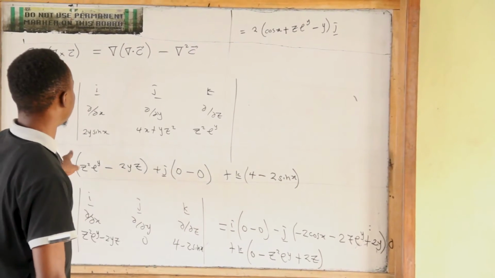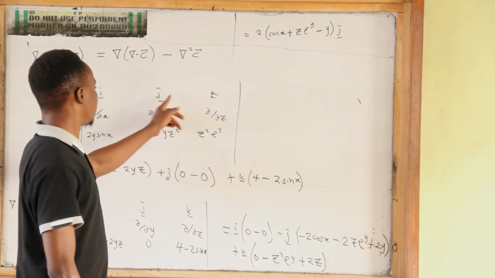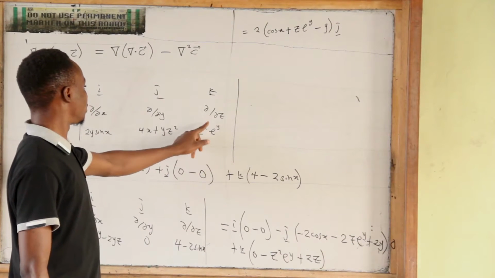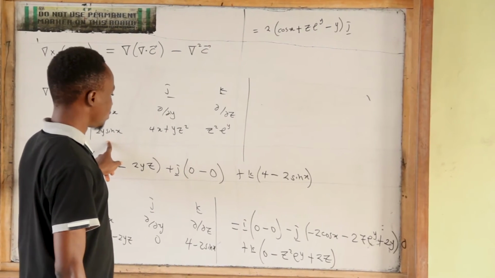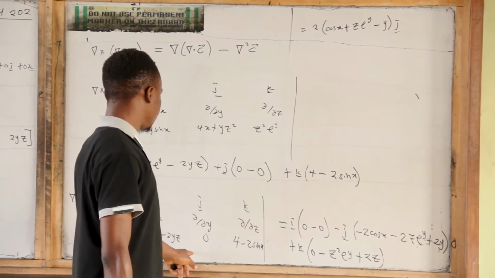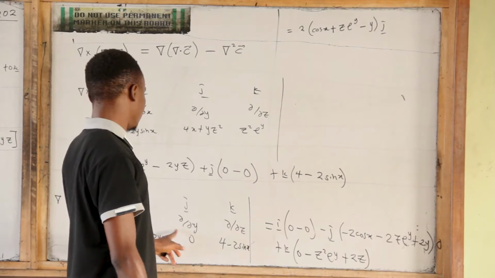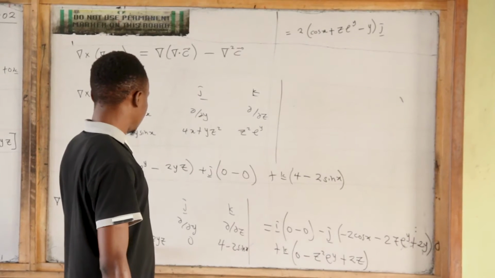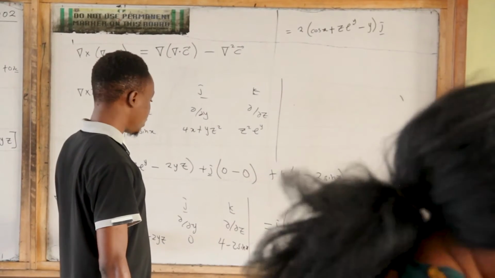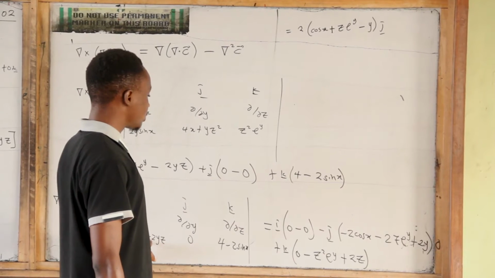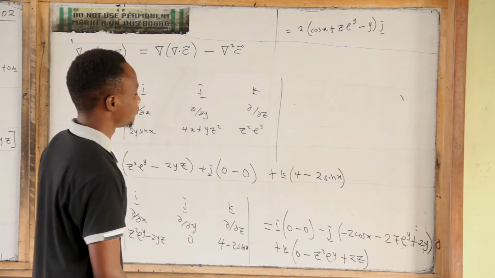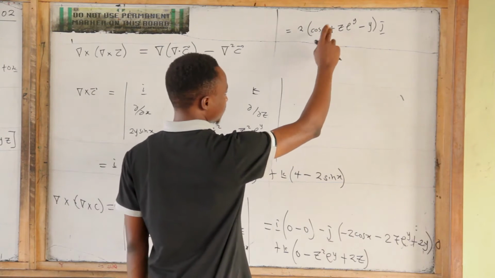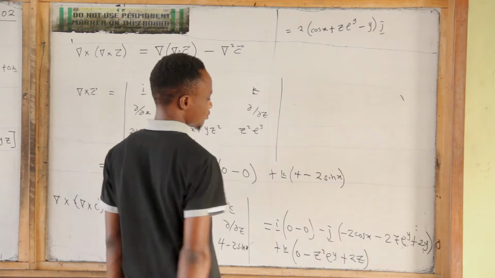Sorry, please let me check. Minus of, and the minus multiplies over here to become positive, and this becomes negative.